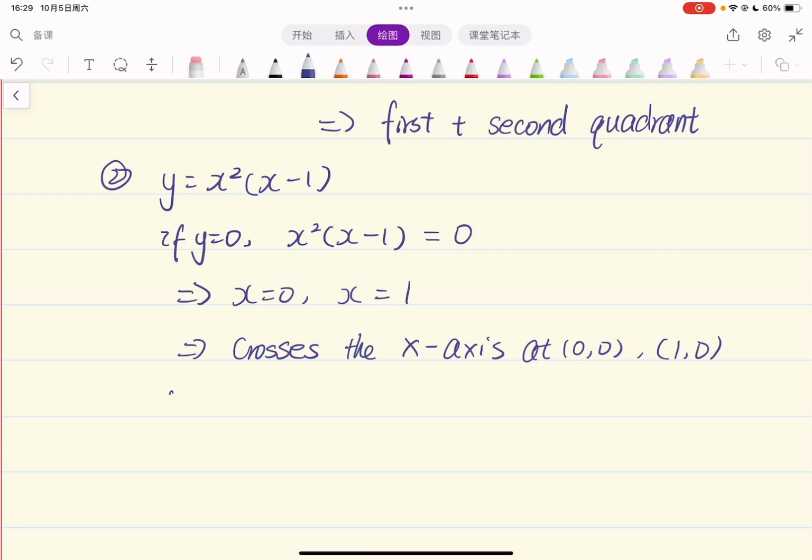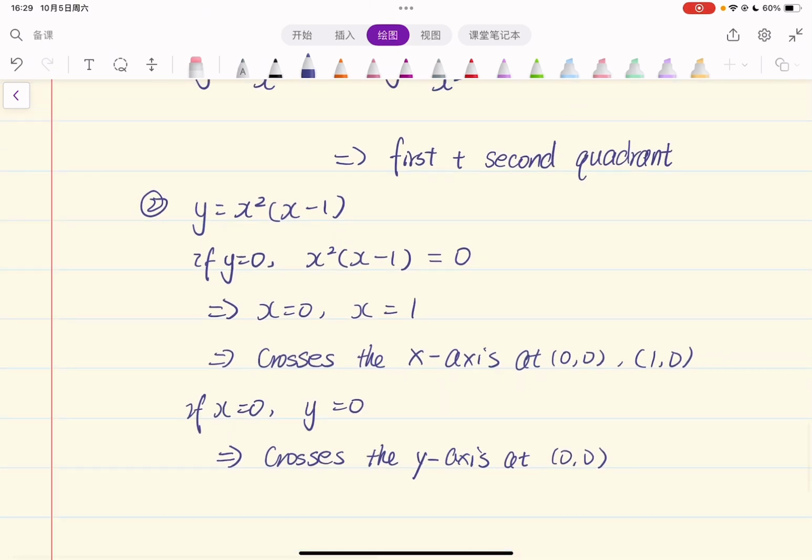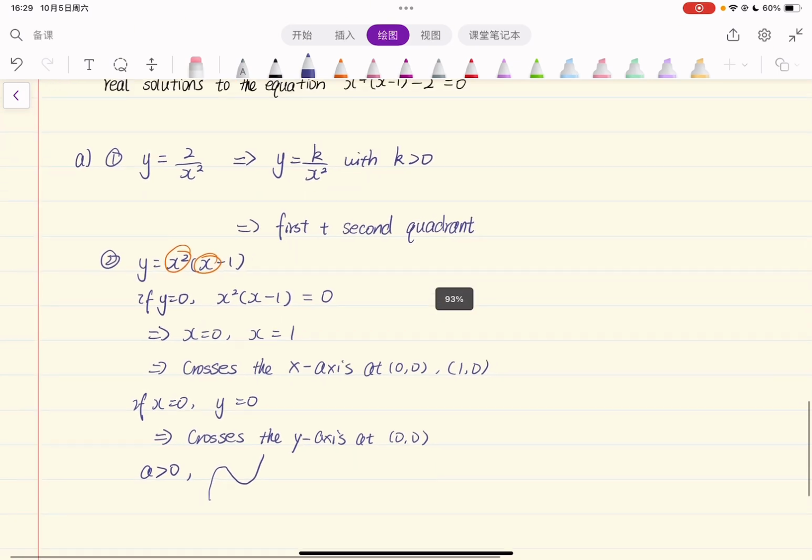Now if x equals 0, then y equals 0, which implies that the curve crosses the y-axis at the origin. Now we can see this is a cubic equation. We have x squared times x, that is x cubed. The coefficient of that is 1, which is greater than 0, so a is greater than 0, which means the curve looks like that.